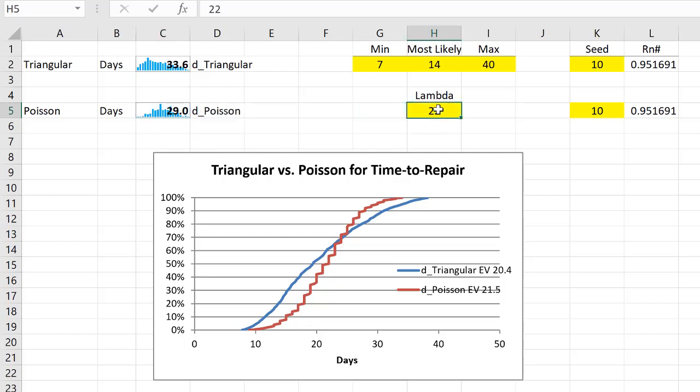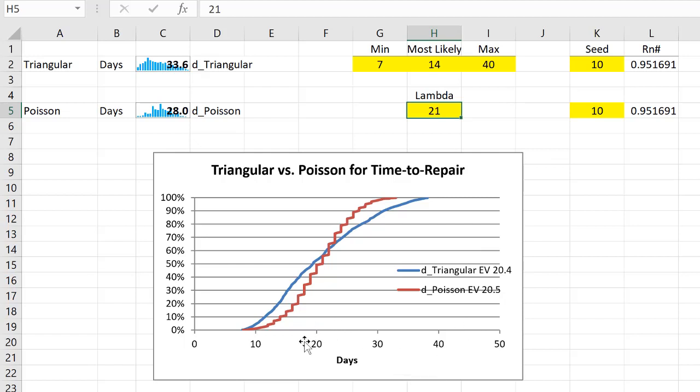And we have a lambda. If we wanted the Poisson to have the same expected value as the triangular, if that was the objective, then we would need to be up here at around 22. I can put in a 21, see if that's a little bit closer. That's a little bit closer. And now that's similar, have an expected value.